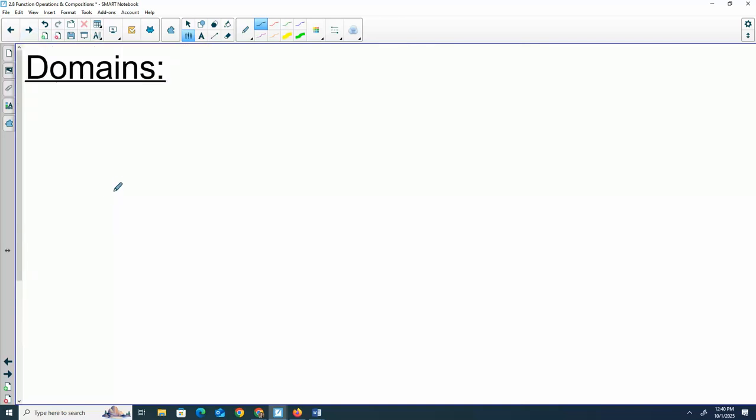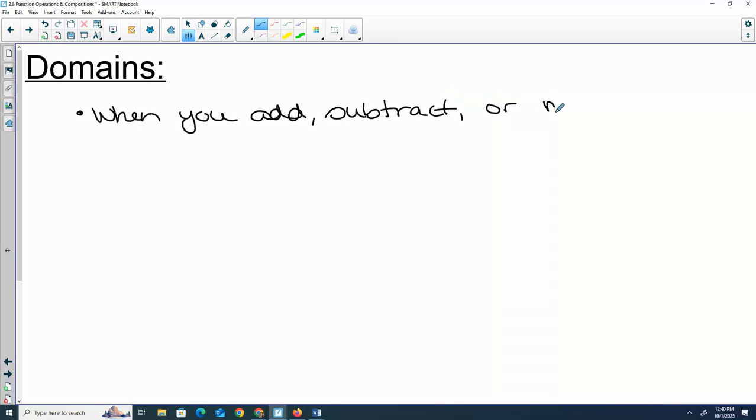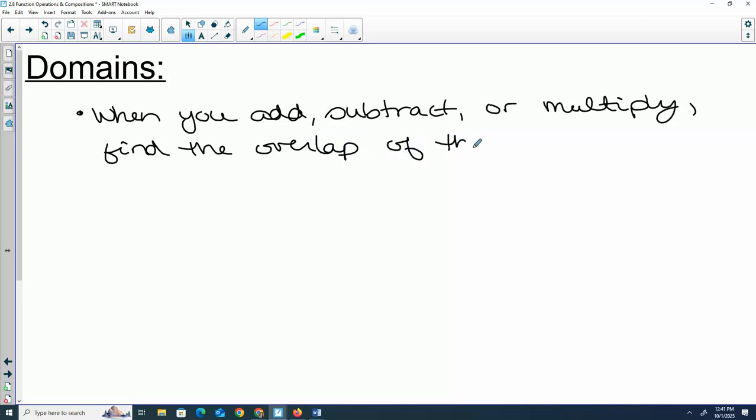All right, let's talk about domains. When you add, subtract, or multiply, we have to find the overlap of the original domains.